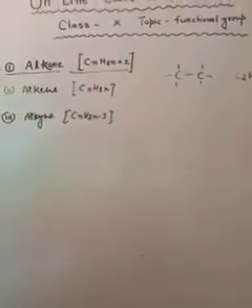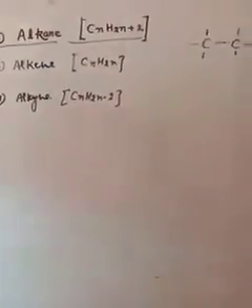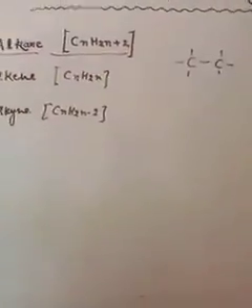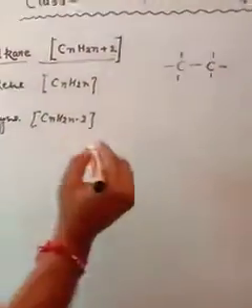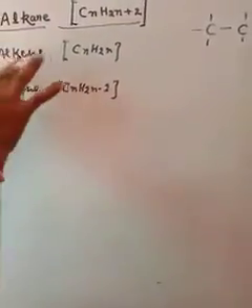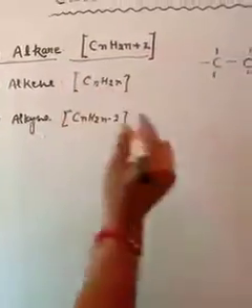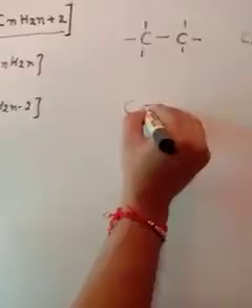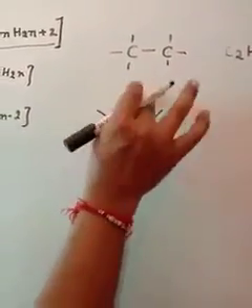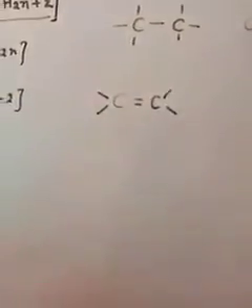If the carbon's 4 valency is not satisfied by single bonds and is satisfied by a double bond, then we say the compound belongs to alkene, and their general formula is CnH2n. You are watching here, the 4 valency of the carbon is not satisfied by single bonds, it is satisfied by a double bond.